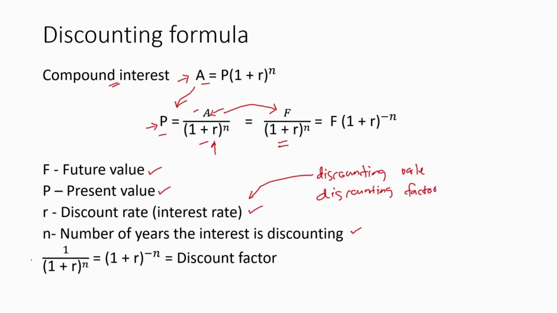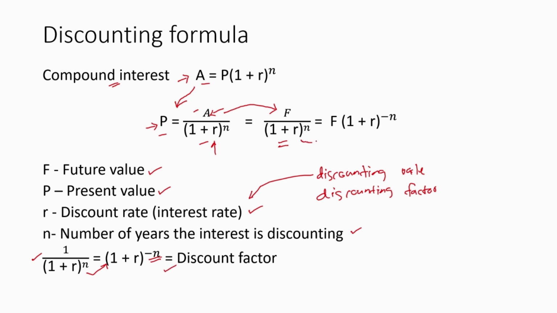The discounting factor is this: 1 over (1 plus R) to the power of N. This is the discount factor. Using basic mathematics, we can bring the denominator of this equation into the numerator. So it will look like this: (1 plus R) to the power of minus N. This is called the discount factor.